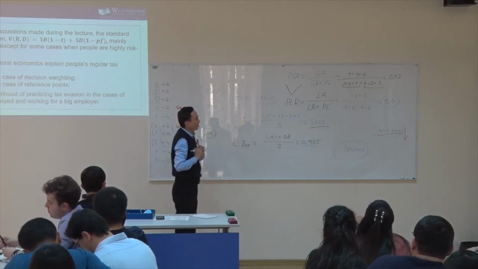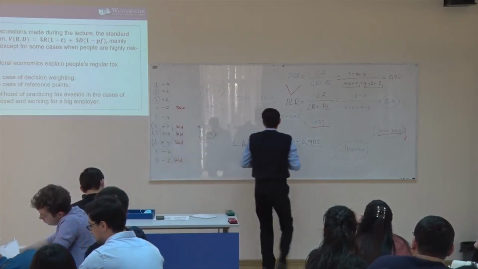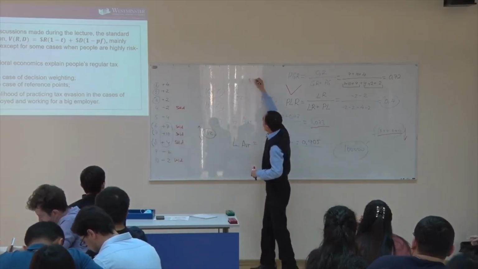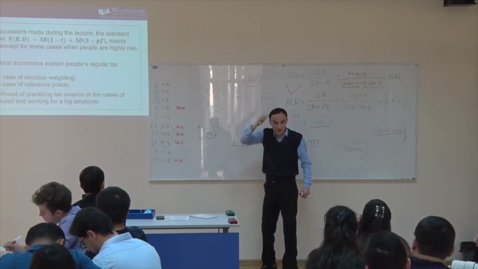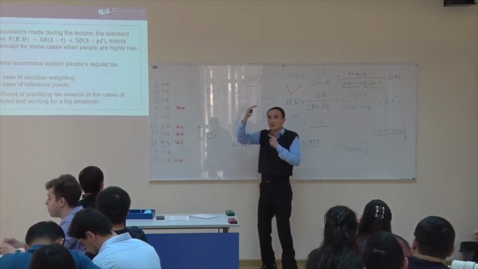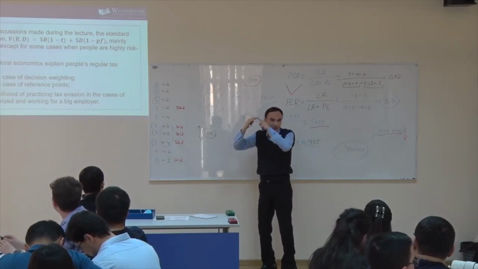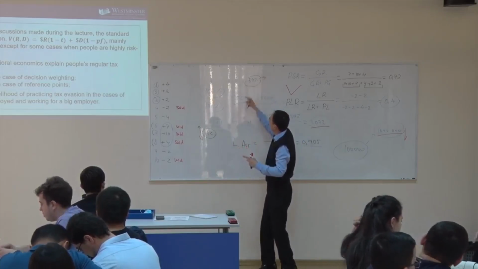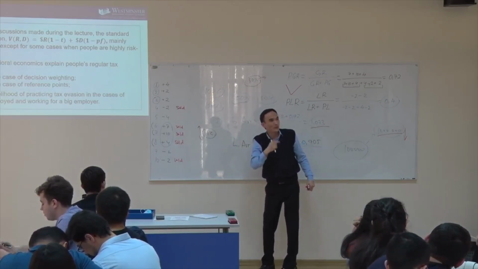And according to the standard economic model, which I showed you during the lecture, students, what was the outcome? We said that up to a maximum of 50%, if people pay up to 50%, it will increase their utility. Reporting more than 50% of the income causes disutility for people.